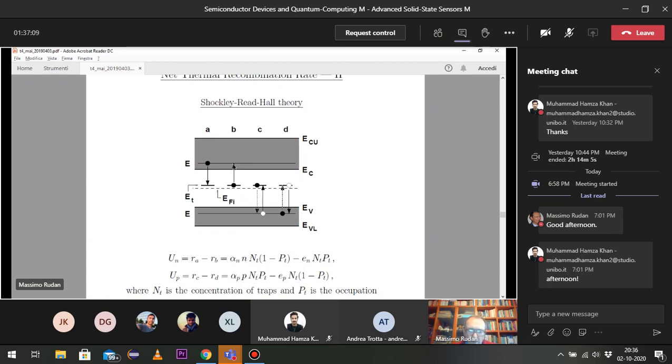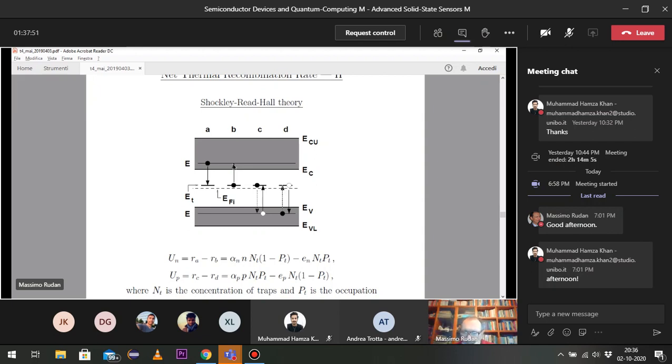The issue is, which of these events are more probable, the trap-assisted ones or the direct ones? The answer is the trap-assisted events are much more likely to occur, to the extent that when we consider the thermal generations and recombination, we neglect the direct events because their probability is negligible, and we consider only these type of events, okay?